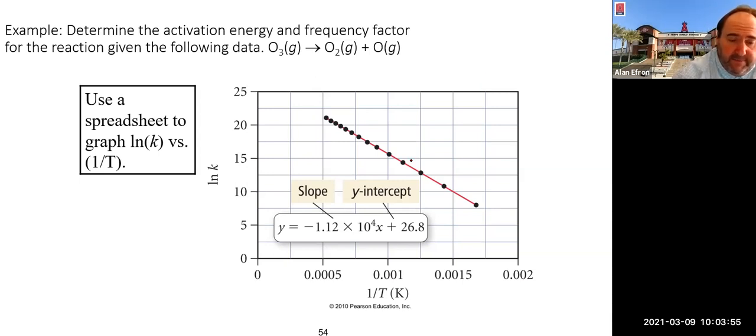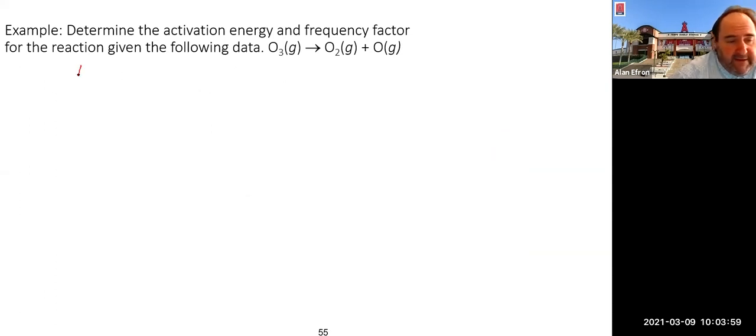For example, if we wanted to figure out the activation energy, it can be found from the slope, because the slope equals minus Ea over R. In this case, our slope was 1.12 times 10 to the 4.